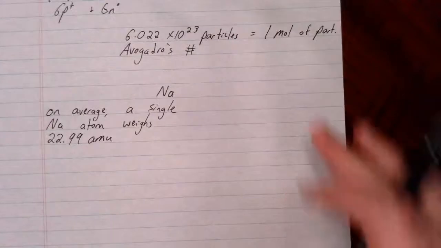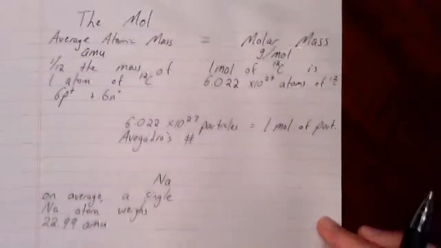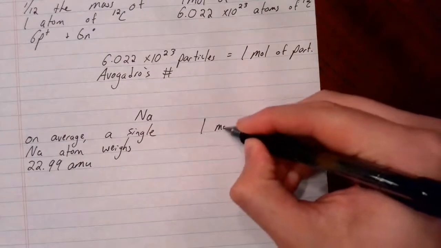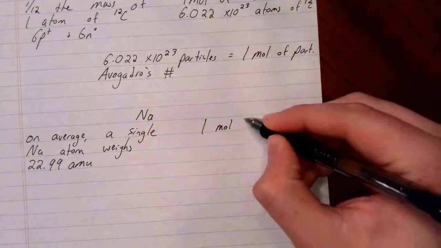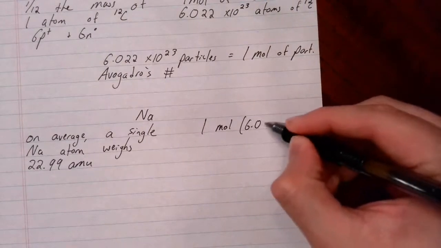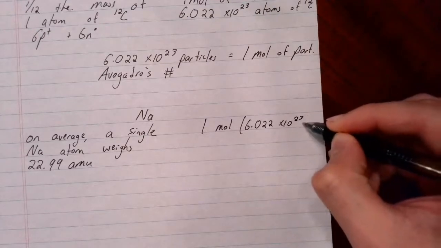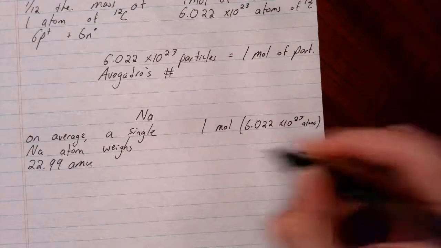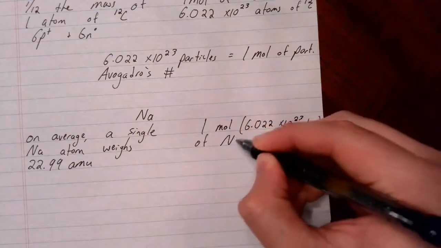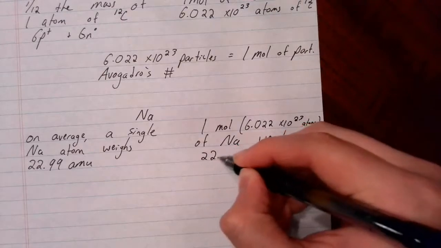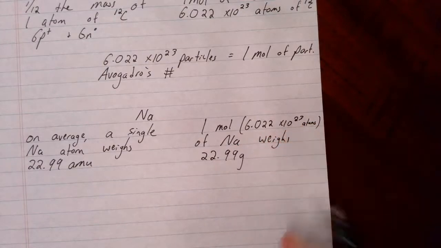So I could also say in the molar mass column that 1 mole, or that is 6.022 times 10 to the 23rd atoms of sodium, weighs 22.99 grams.